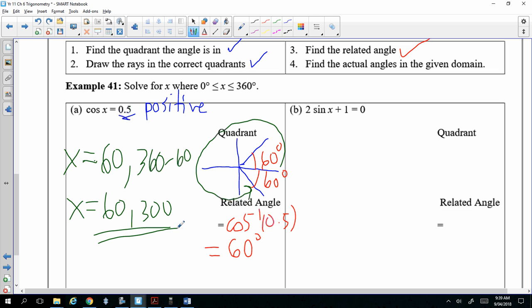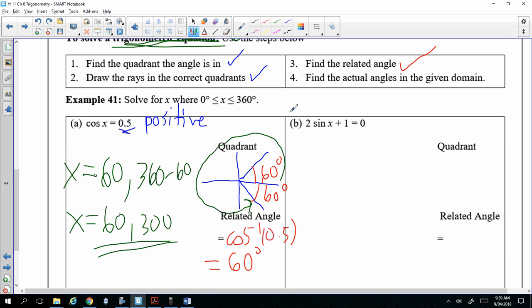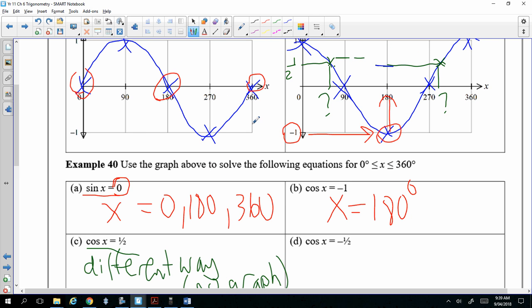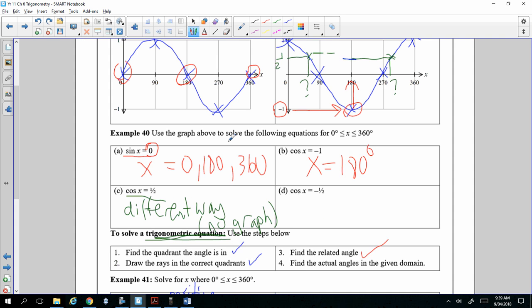Alright, now let's go back to the graph. How is that related to the graph? Well, you can see how it works from the graph. Remember the answer was 60 and 300. So let's label this at 60 and 300, which is over here.